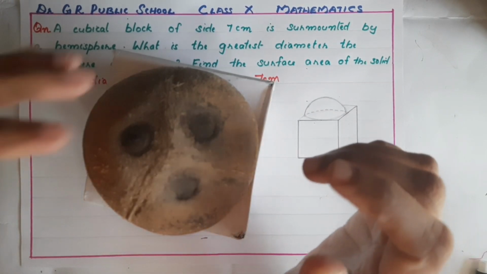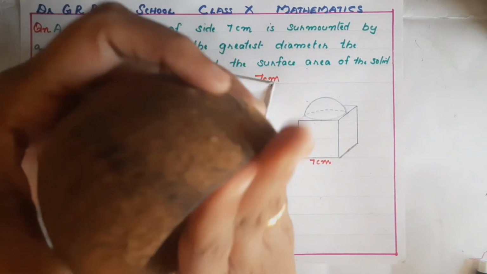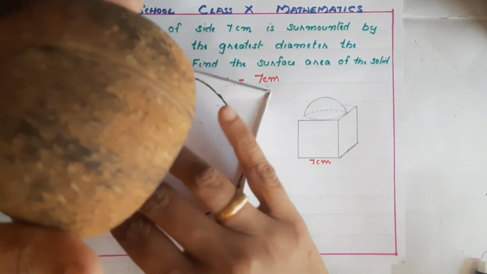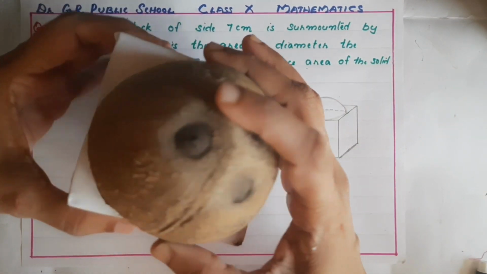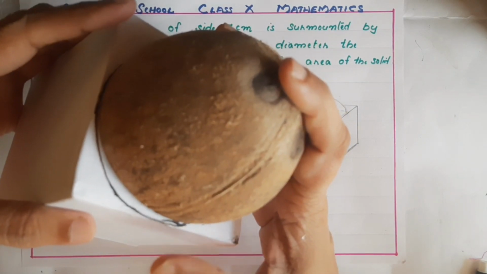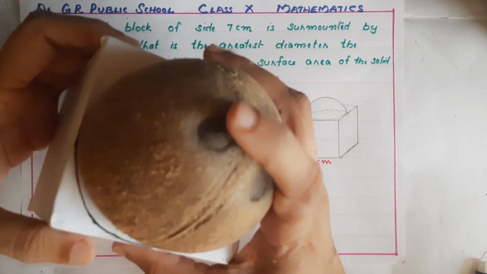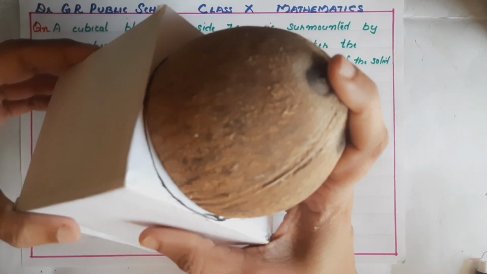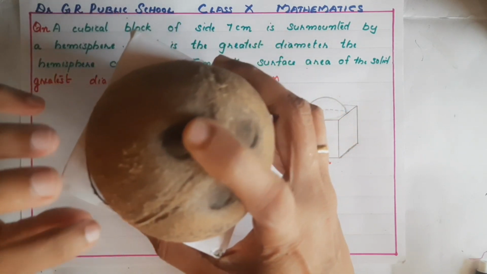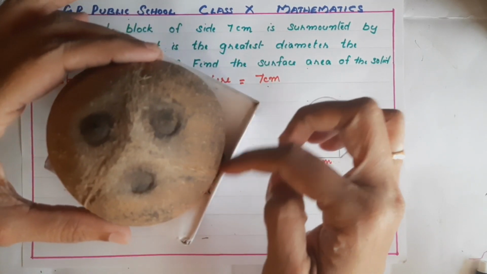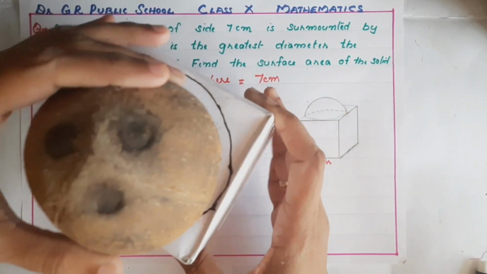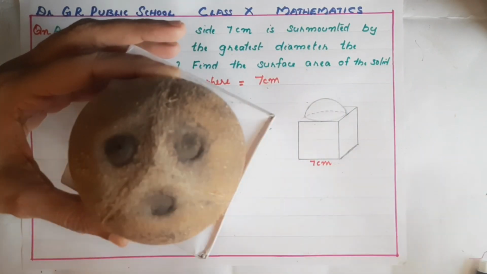Yes, it is the base area of this hemisphere. This much area is not visible from the top surface of the cube. So when we consider the total surface area of the resulting solid, we have to remove that base area from the total area of this cube. Then we have to add this CSA. This is also visible to us.